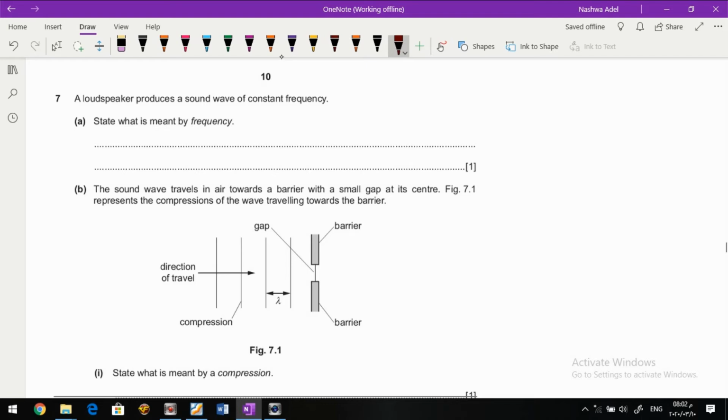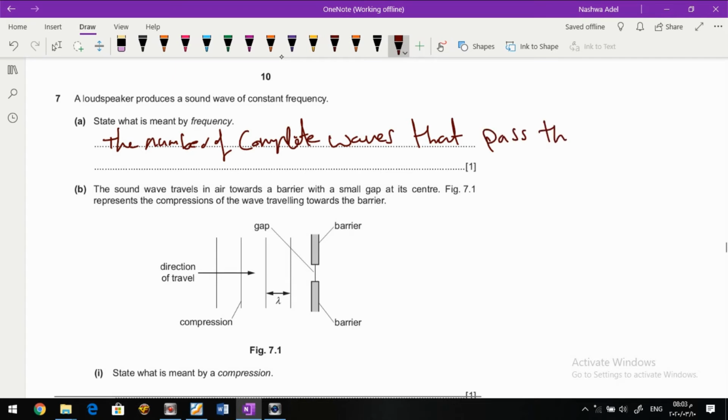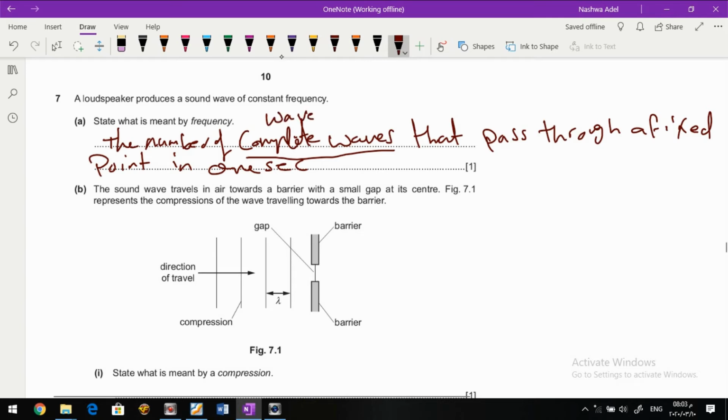Frequency is the number of complete waves that pass through a fixed point in 1 second. We also can replace complete waves by number of wavefronts.